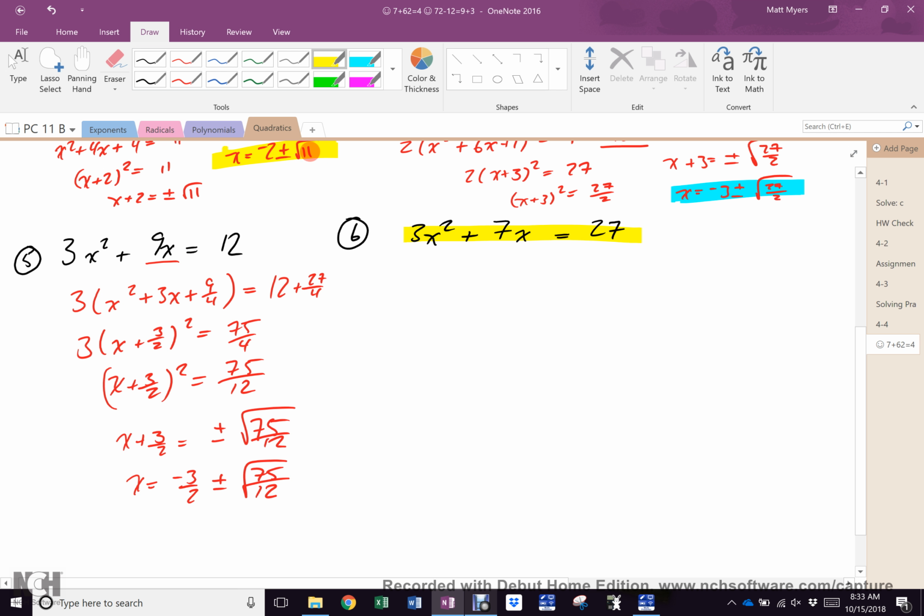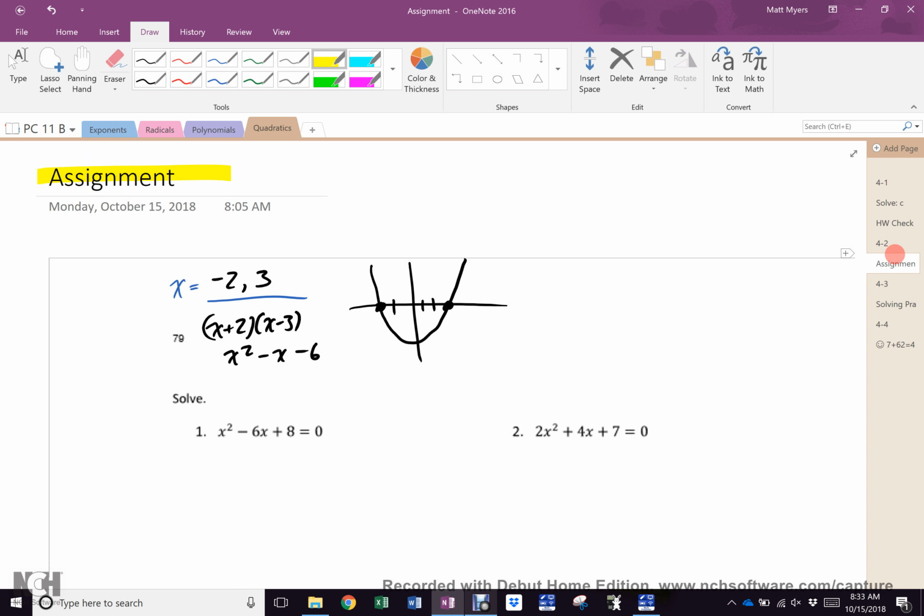So this would be -2 plus 3.2, which would be positive 1.2, and -2 minus 3.2, which would be minus 5.2. And then its graph would look, negative 5.2, and positive 1.2 would be right there, and it would look like that.